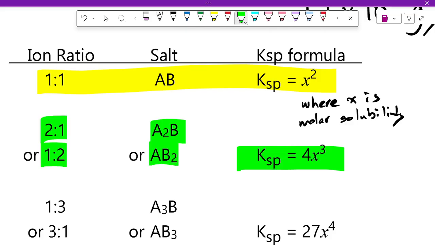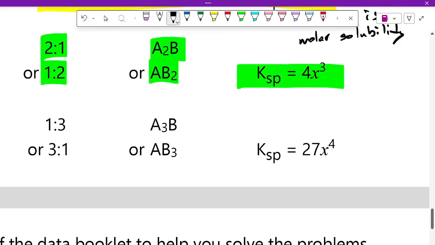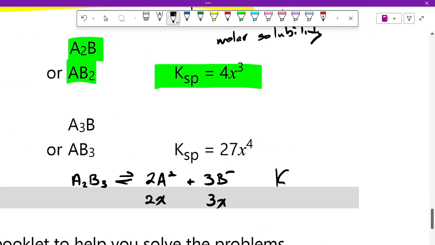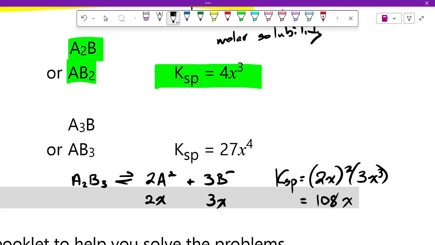You might have something exciting where you have A2B3, 2A plus 3B, and you would end up with 2x and 3x, and Ksp would be 2x squared and 3x cubed, which would be 108x to the 5th.